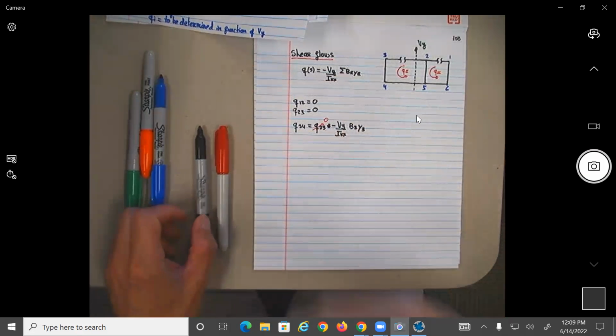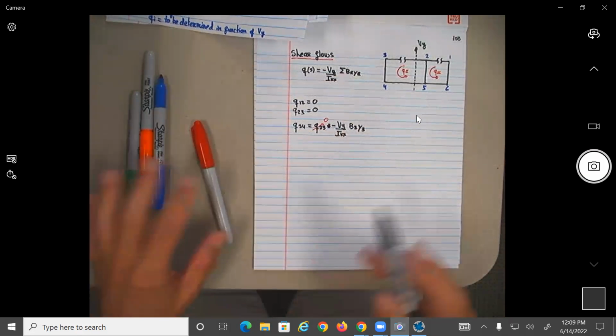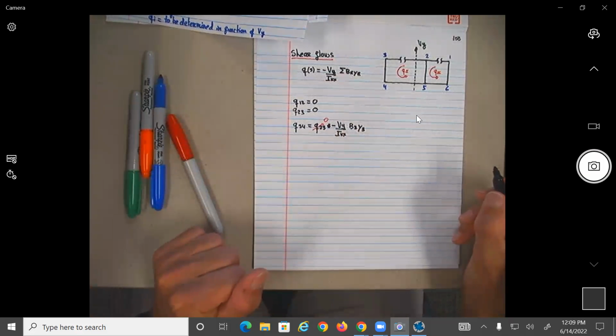Okay, so what about you give me the values? Please take your calculator because I'd rather use your calculator.